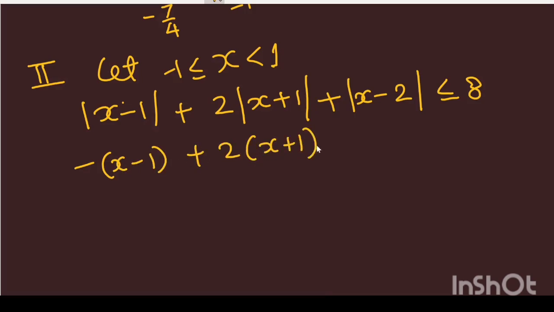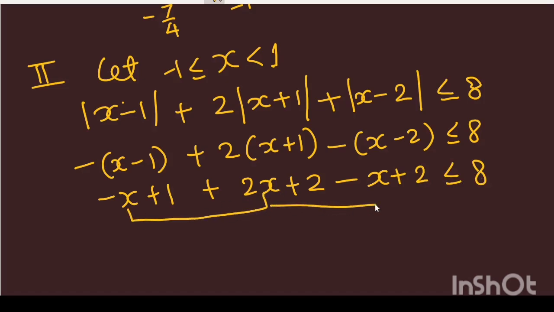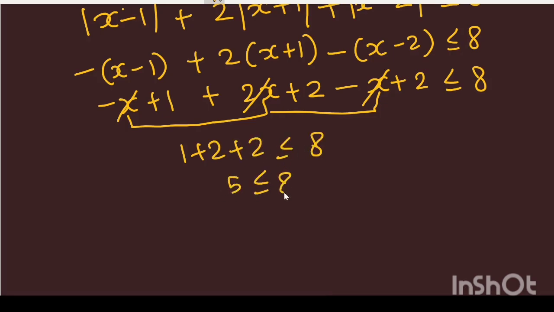Here |x minus 2| also will give a negative sign, less than equal to 8. Minus x plus 1 plus 2x plus 2 minus x plus 2 less than equal to 8. Now minus x plus 2x minus x cancels out, it is 0. Now 1 plus 2 plus 2 less than equal to 8. 5 is less than equal to 8 is true.